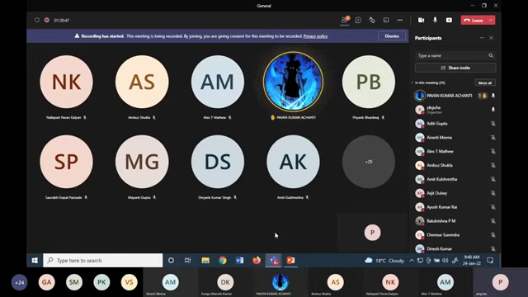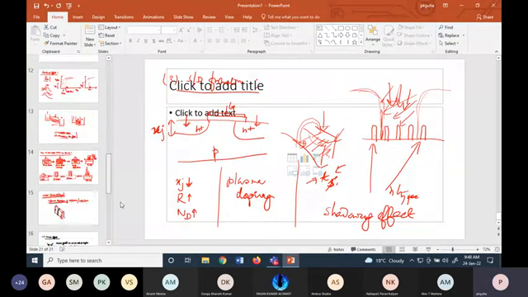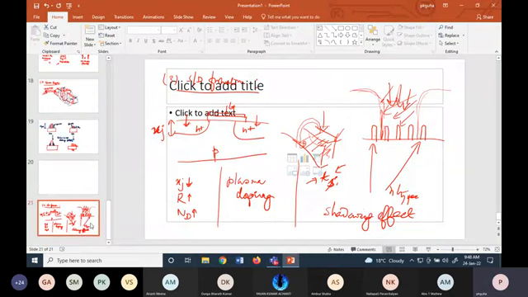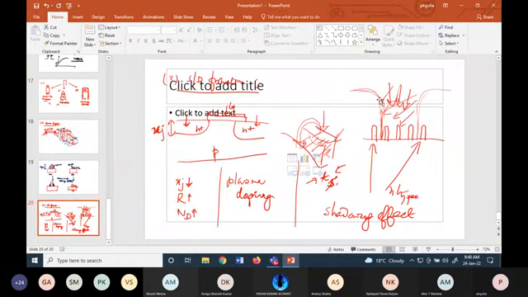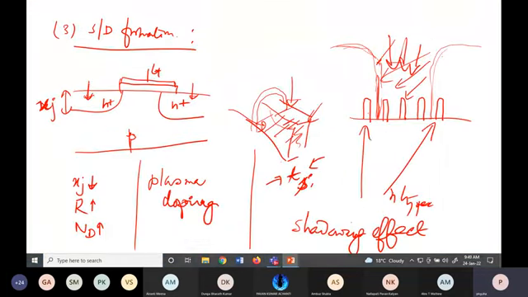Yeah, this shadowing effect is basically, as I said, there are many fins, right? So you have to cover some of the fins. For example, I'm just assuming these two are N-type fins, these side ones.